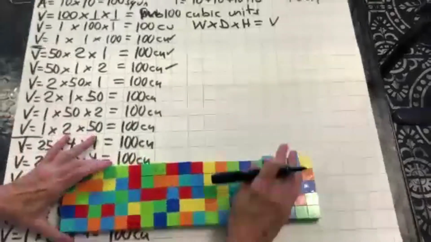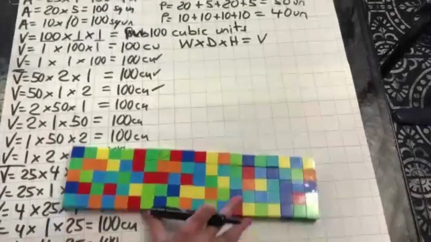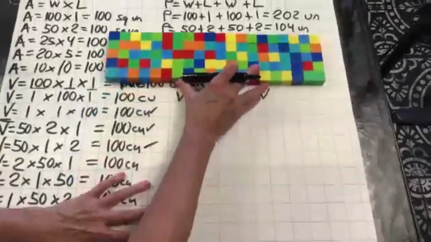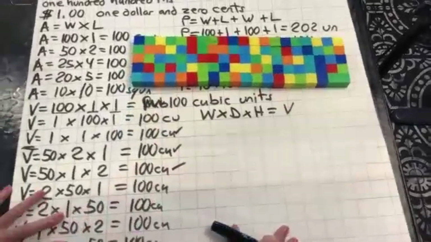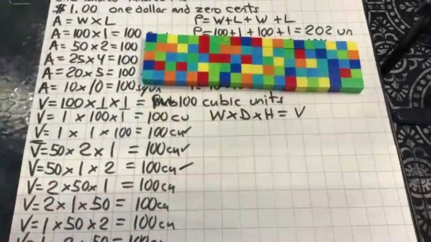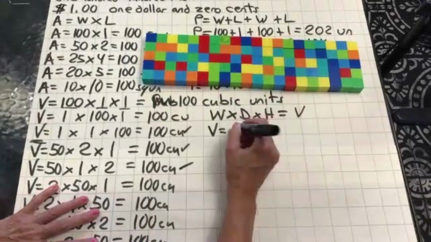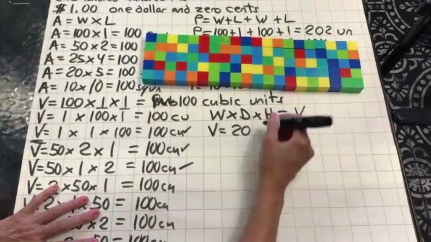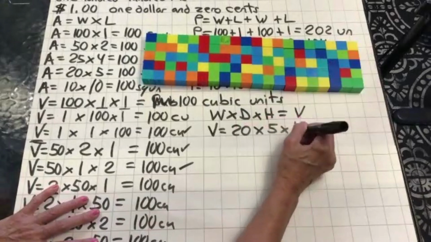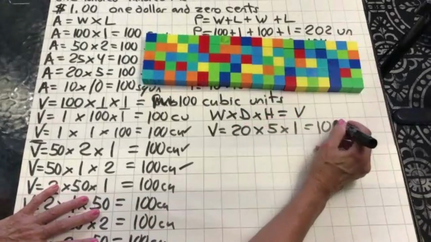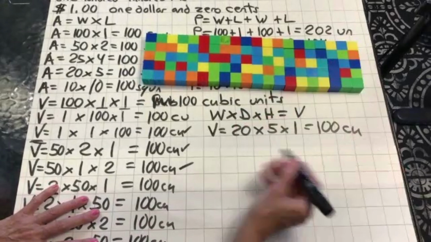So there we have it. I'm going to pull down my paper here a second. There it is. That's it. So this one we have 20 across, 5 deep by 1 tall, again equals 100 cubic units.